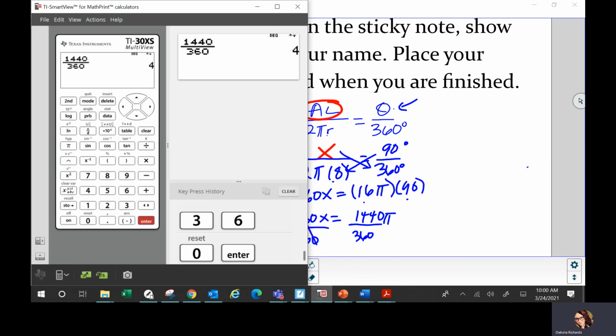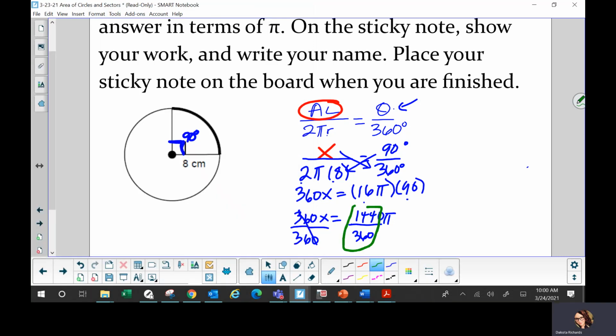Okay, so when you just do those numbers without touching pi, you get 4. But you know you have to include pi in your answer, so your answer here is just 4 pi. I'm just doing this part right here in the calculator, and that is 4, but I have to add the pi with it.